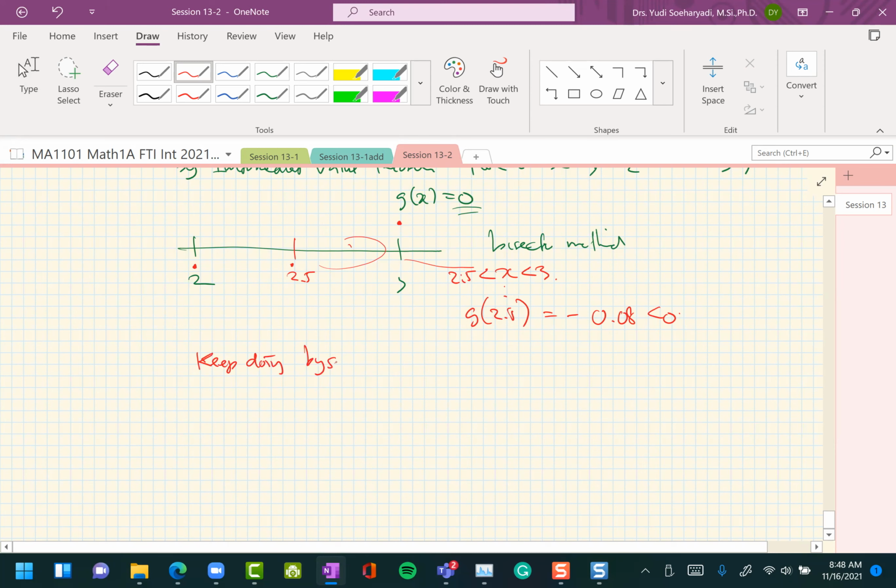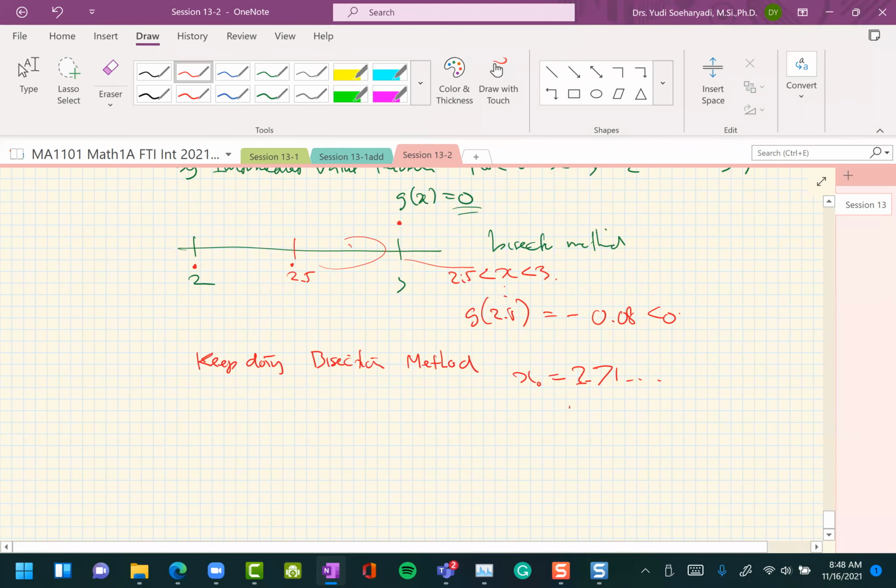On the bisection method, you get something like x is 2.71.